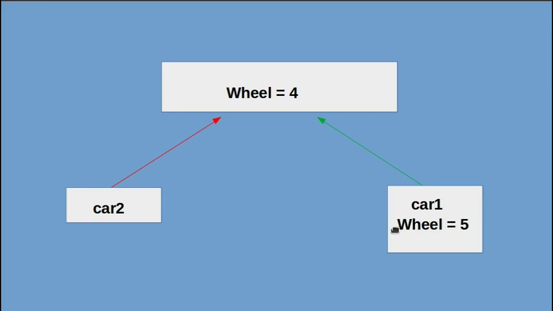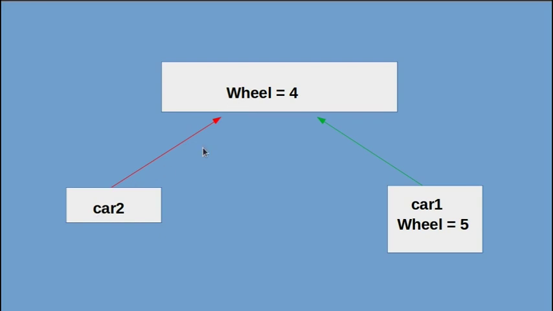So what is Python going to do? First, the object will search within its own namespace to look for that wheel variable. If it finds it, it will use it, but if it doesn't find it, like in the case of car2, if you print the wheel variable, it looks within the object itself, it doesn't have the wheel variable, so it will go to the class which it belongs to and check if it has the wheel variable, and if it does, it will use it.